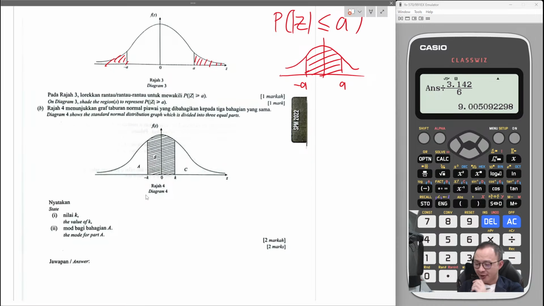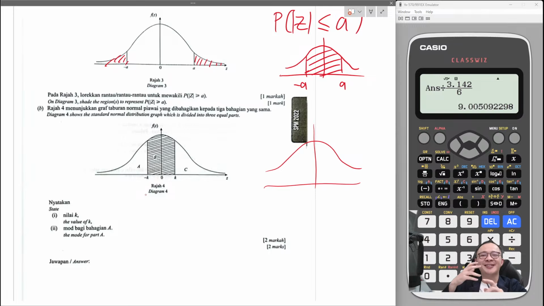Okay. Diagram 4 shows the standard normal distribution graph which is divided into 3 equal parts. This one actually is a bonus mark, isn't it? Why? Because I know the total area for any bell shape will always be 1, right? Because the area represents probability. The maximum probability is 1, because something must happen is 100%.